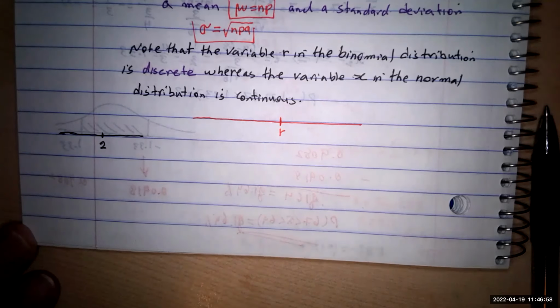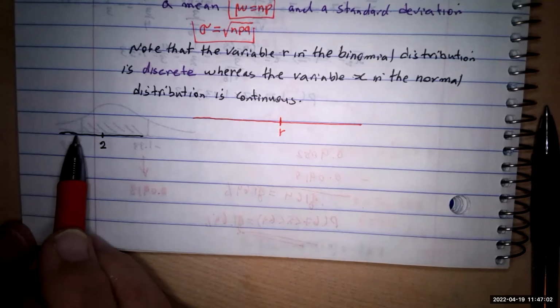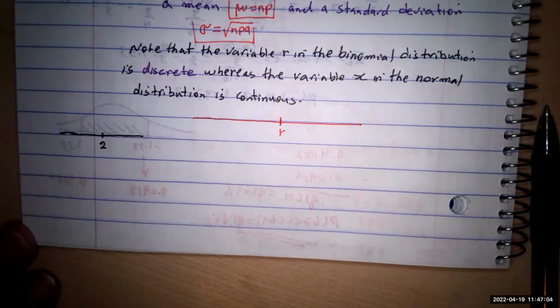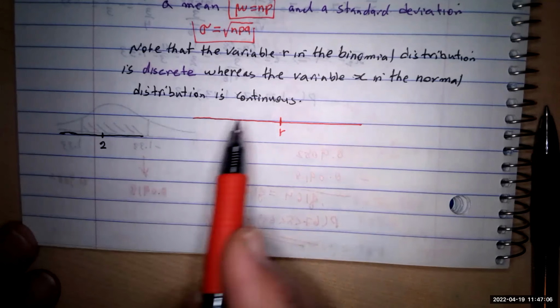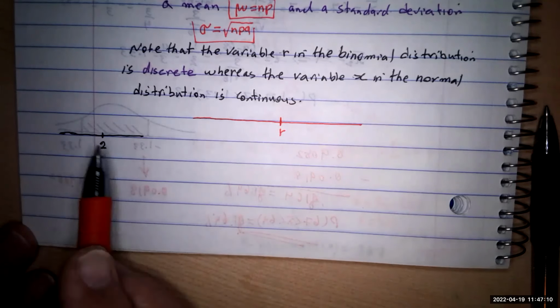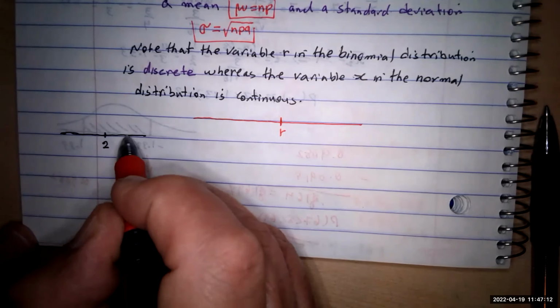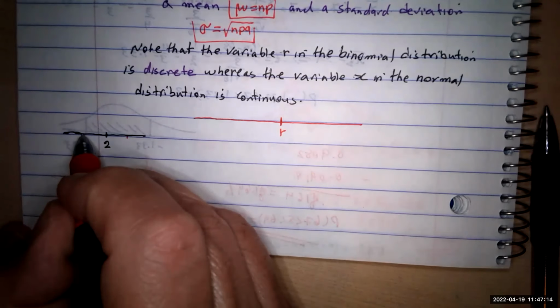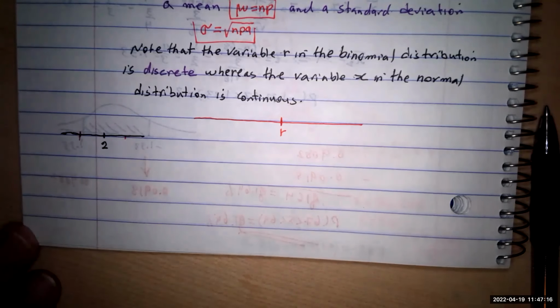An interval means, for example, from 1 to 10. This is an interval. Interval from 0 to 5 is an interval. You see, this is 2. So what you do is pick a number to the right and a number to the left to get an interval.